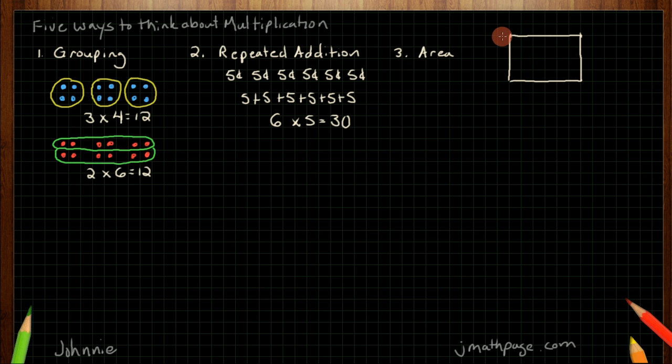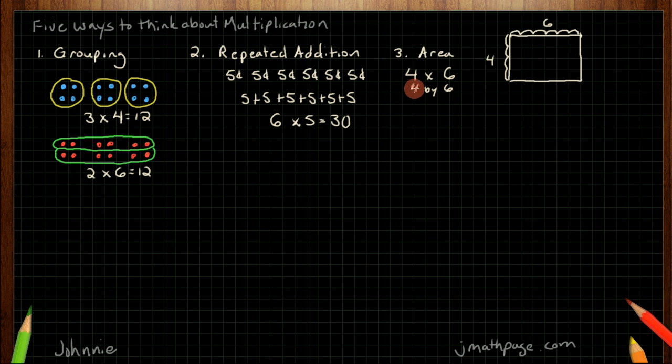But let's see how much the sides are first. On this side I have 1, 2, 3, 4 measures. So this is 4. Across the top here I have 1, 2, 3, 4, 5, 6 measures. All right? So if I'm thinking about multiplication in terms of area, I could say this is 4 by 6.